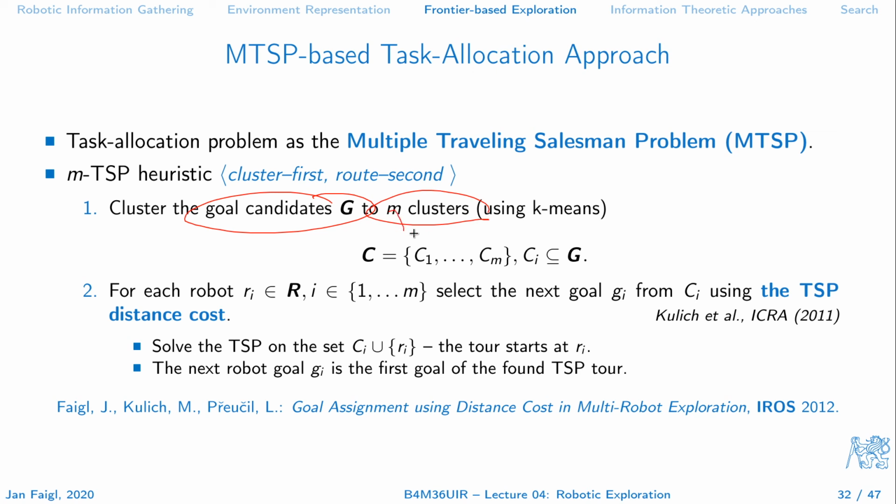M is the number of robots. So again, consider k-means. For each robot, we then select the next goal using TSP distance cost. Okay, that's pretty straightforward. You can solve it as a TSP.